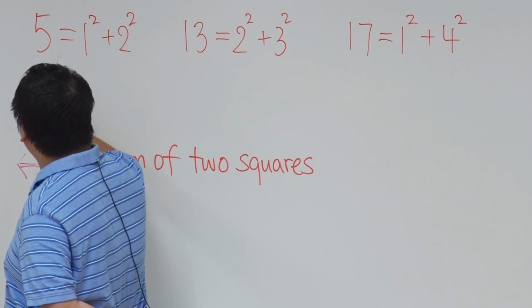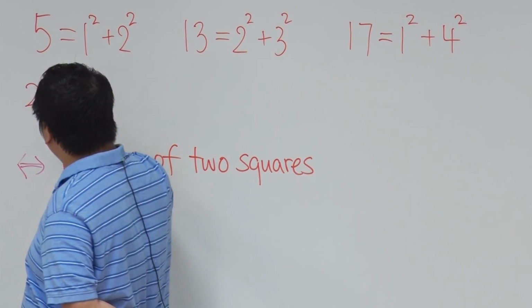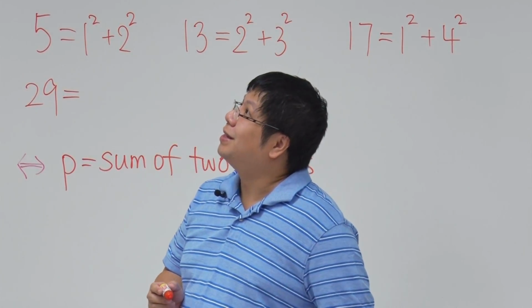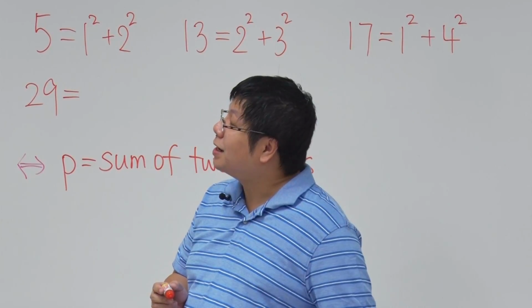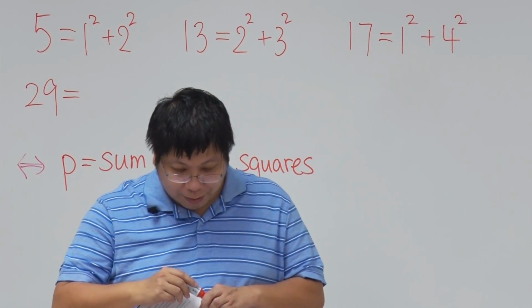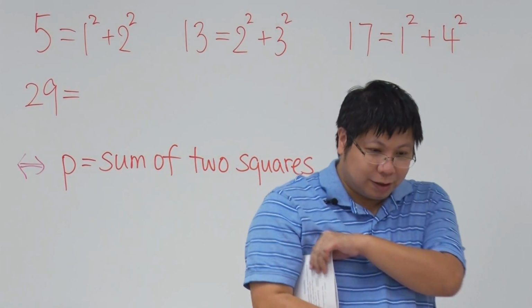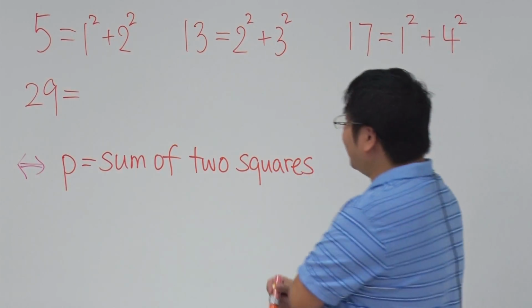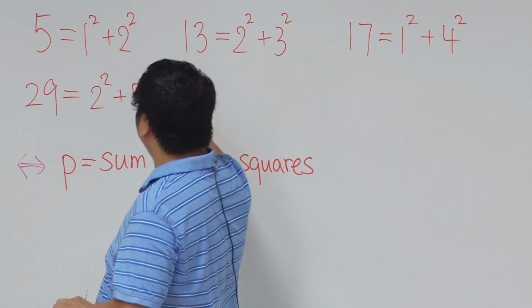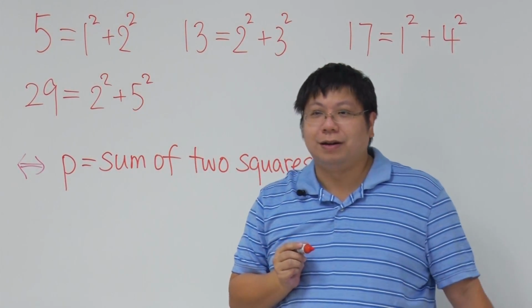The next one seems to be 29. Let's try 29. 29 is a prime, 4k plus 1, and it is 2 squared plus 5 squared. What else?